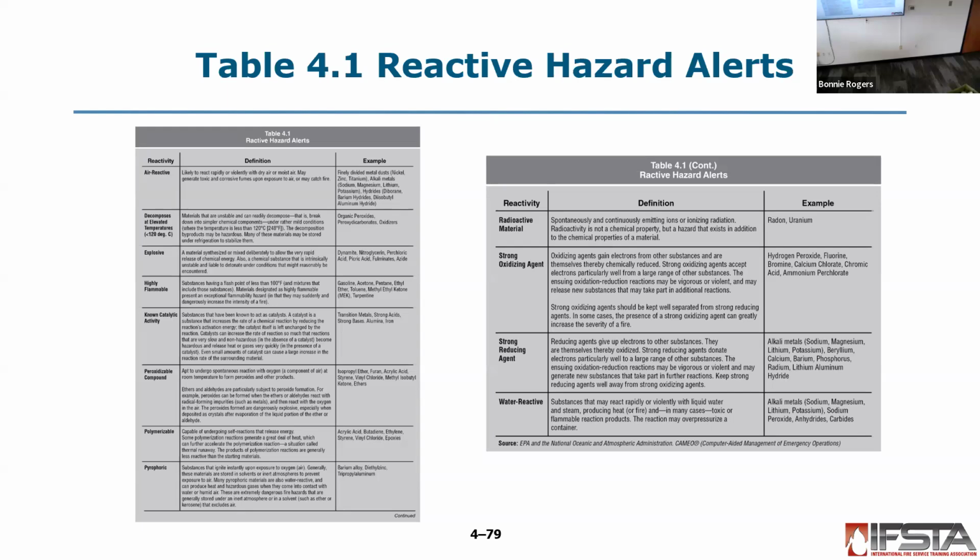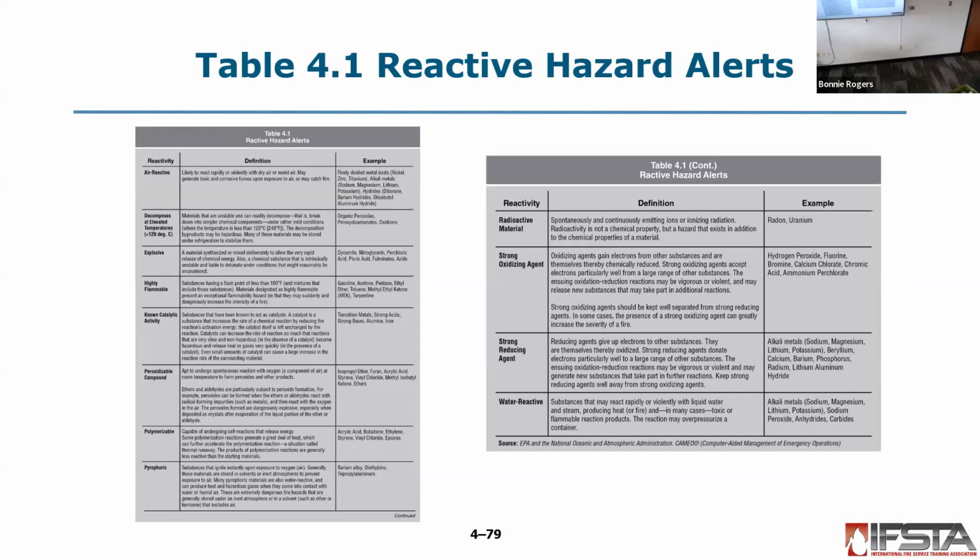Okay. Highly flammable: substances having a flash point of less than 100 Fahrenheit. What's a flash point? Flash point is the temperature at which a flammable substance will ignite but not sustain a reaction. Exactly. Okay, go on.